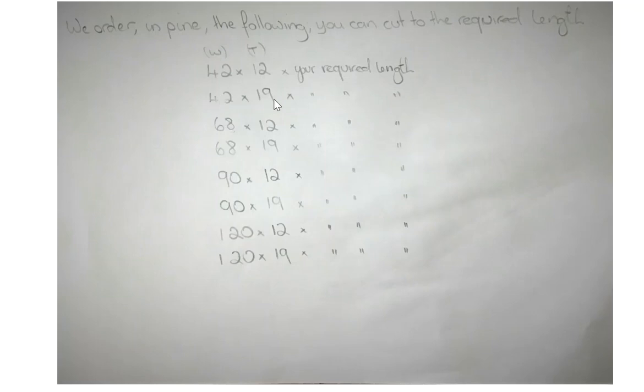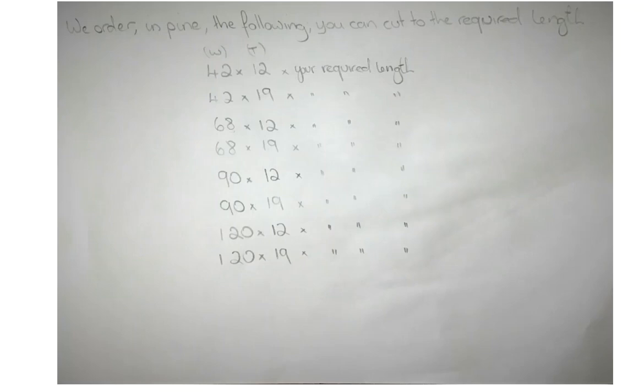There's 42 by 19 thick. There's 68 wide by 12 mil, 68 by 19 mil thick, 90 mil wide, 12 mil thick, 90 mil wide, 19 mil thick, 120 mil wide, 12 mil thick, and 120 mil wide by 19 mil thick.